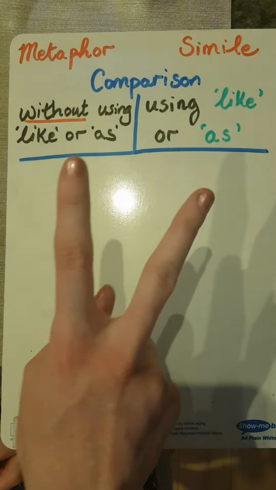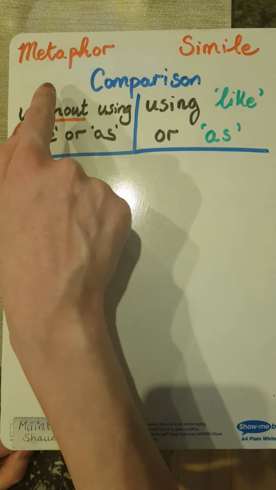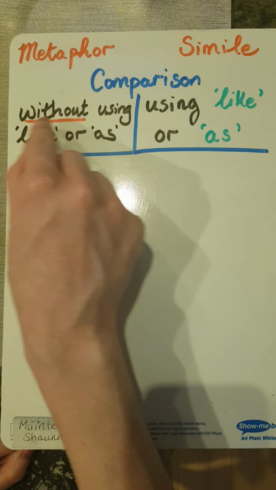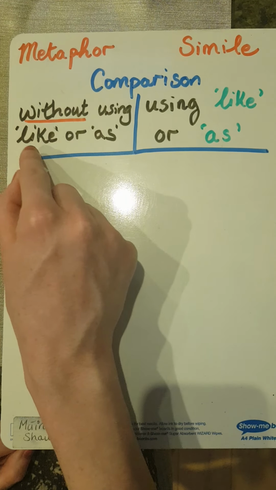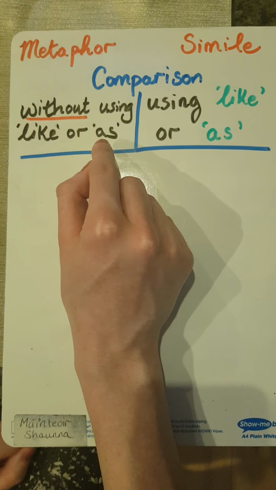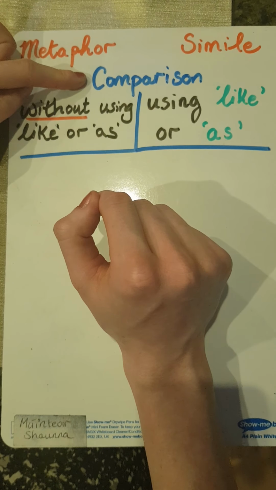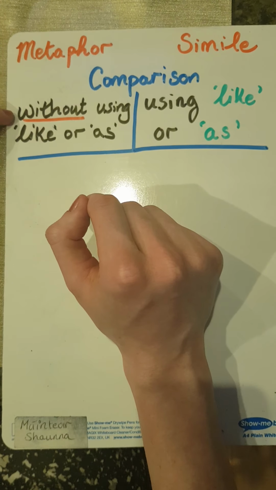Now, the two ways of doing this are by using a metaphor, where we do not use the words like or as, right? So a metaphor is when you compare something to something else without using the words like or as.